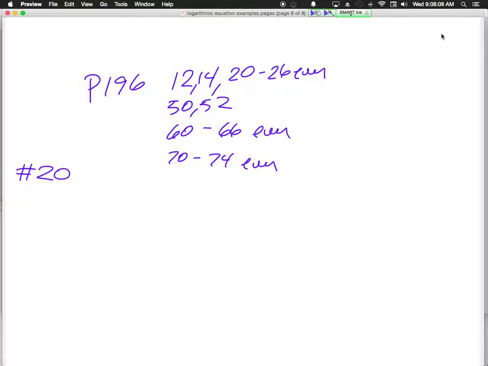Alright, on 20, I want you to change it to log base 2 of m to the 4th equals 8. So replace that 32 with an 8.